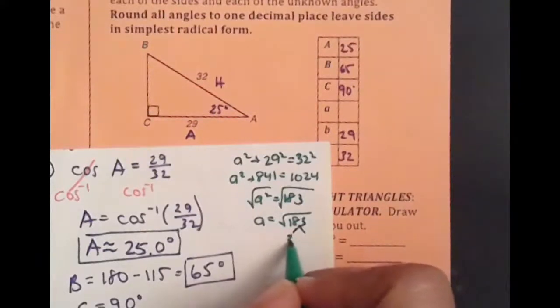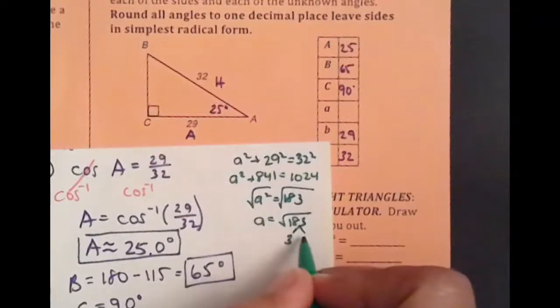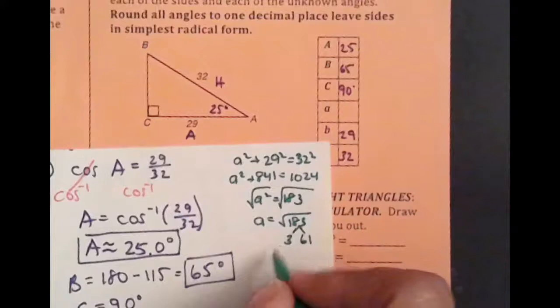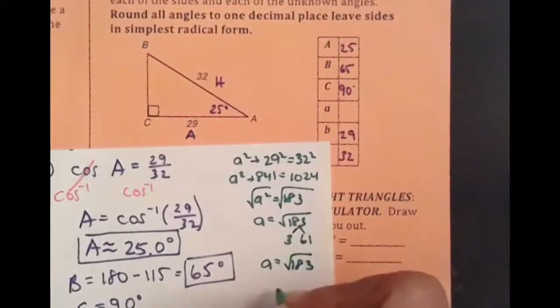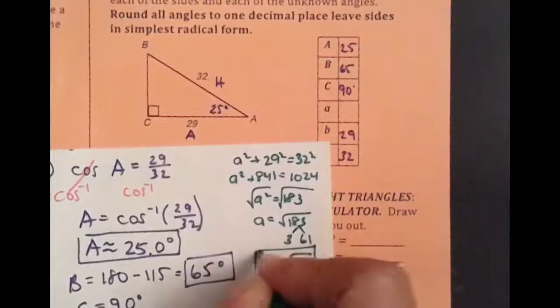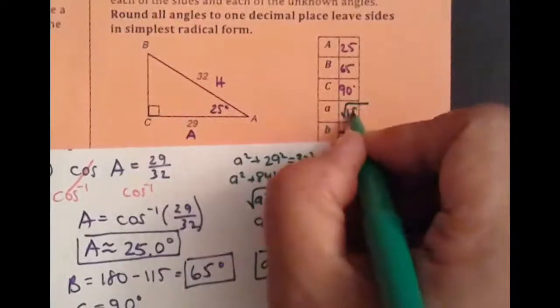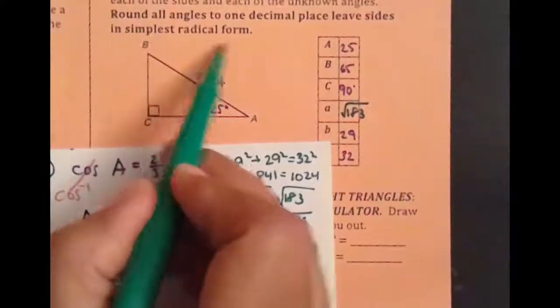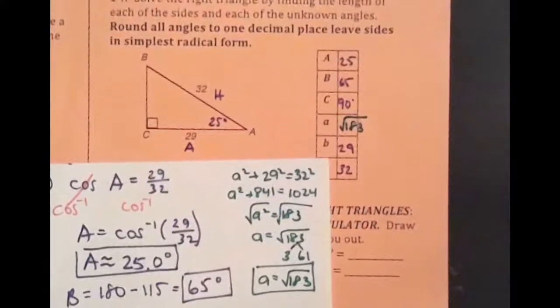Let's see, 3 goes in there, a total of 61, and 61 doesn't break down anymore. So it's just going to be the square root of 183 for side A, because it says simplest radical form for the side lengths.